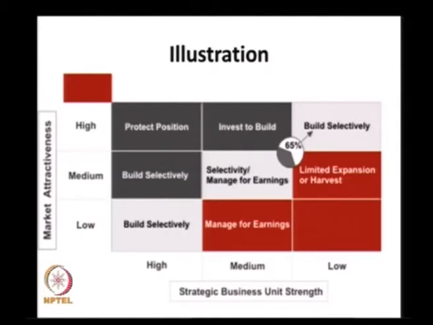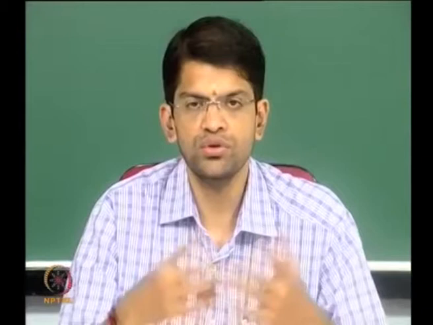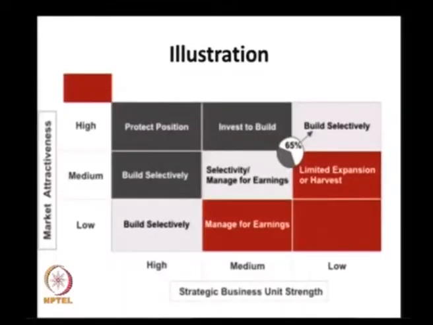So, you have different combinations that are possible, and just as we used the BCG matrix to get this bird's eye view of a corporation, we use a similar GE McKinsey matrix to again see where this business unit is positioned and compare the positions of various business units and measure on a relative basis, and then take decisions whether to invest or divest and what to do to just manage and stay where we are.